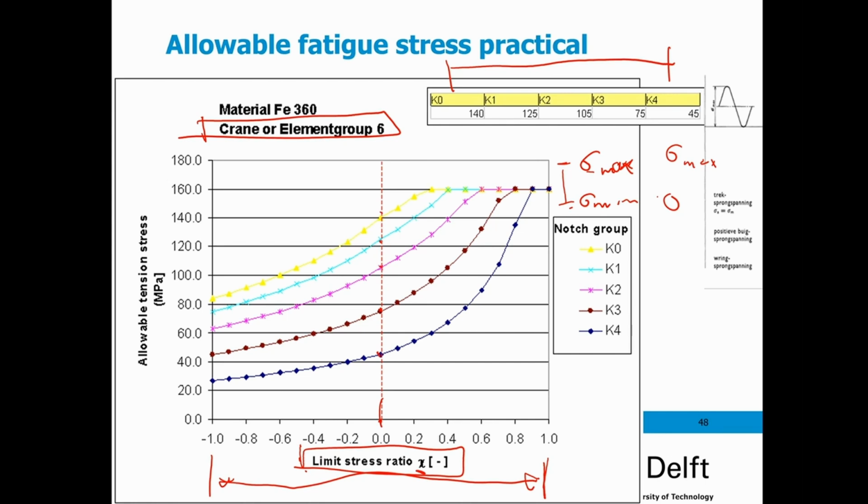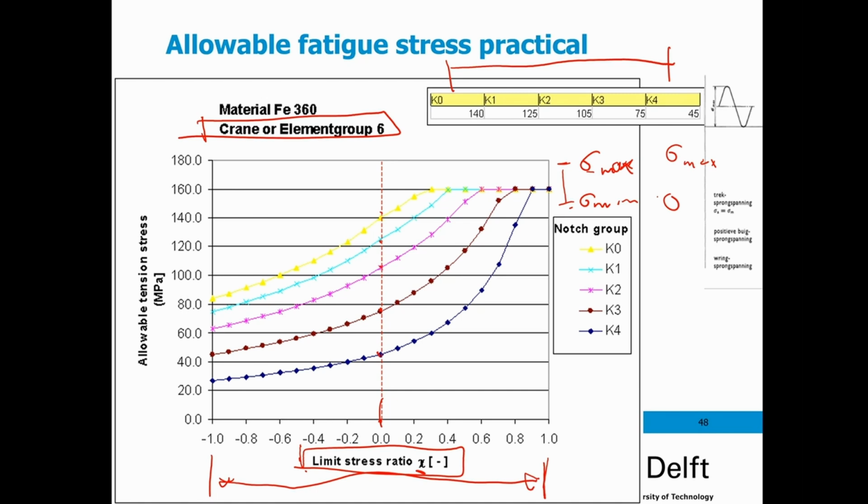For Eurocode and 13001 and other detailed standards, or the DNV, they have detailed procedures with load cycles, and that is a nice idea.